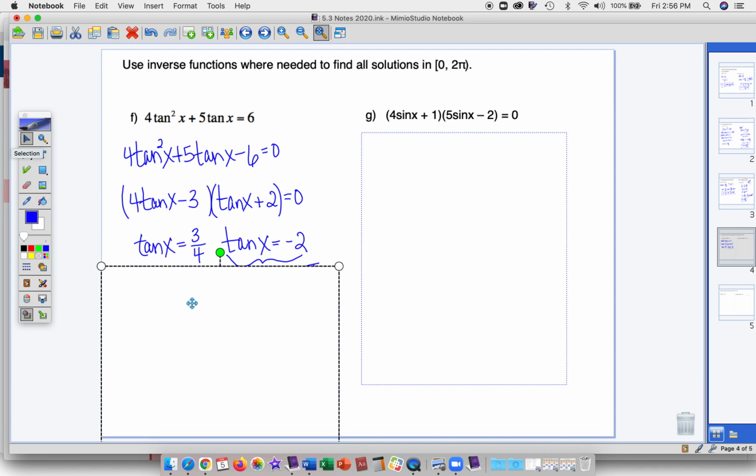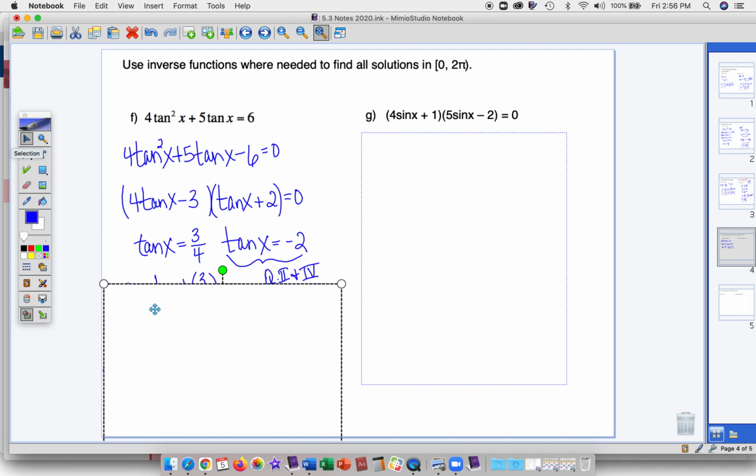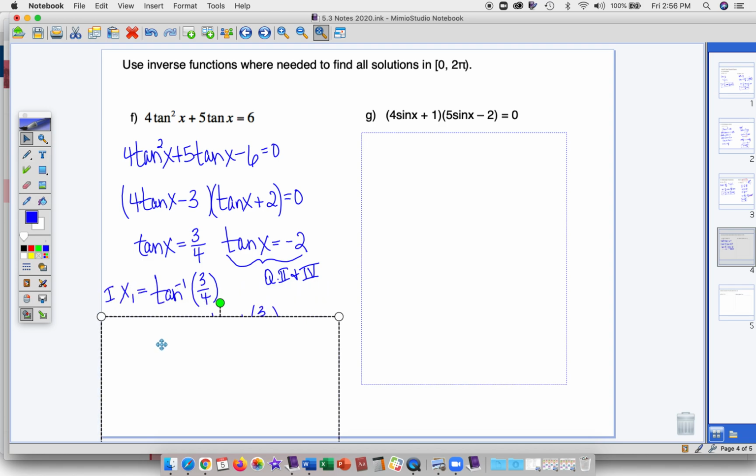Setting those factors equal to 0, I get tan of x is equal to 3/4, and tan of x is equal to negative 2. So I have a positive ratio and a negative ratio, which means I'm going to have solutions in all 4 quadrants.